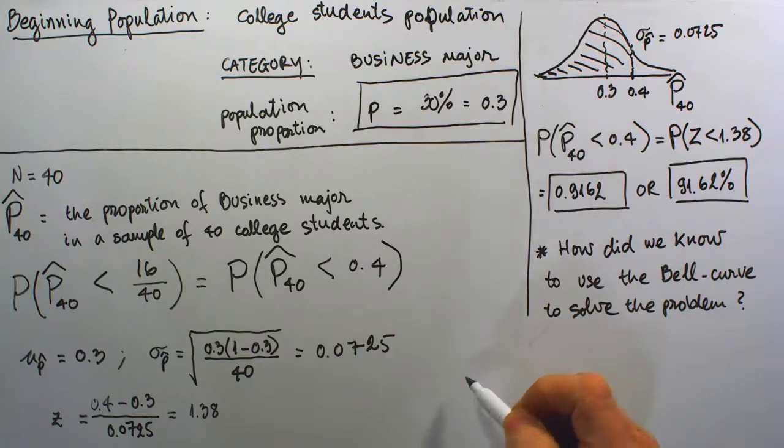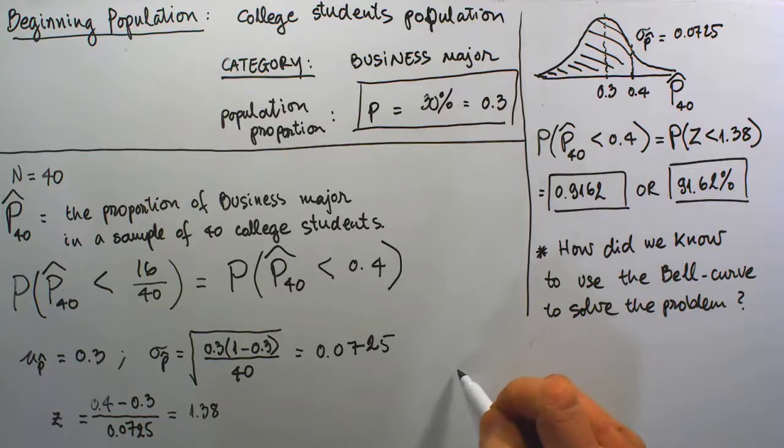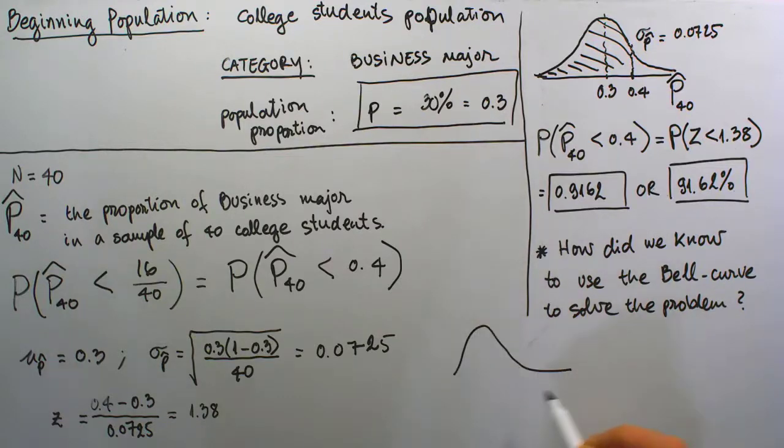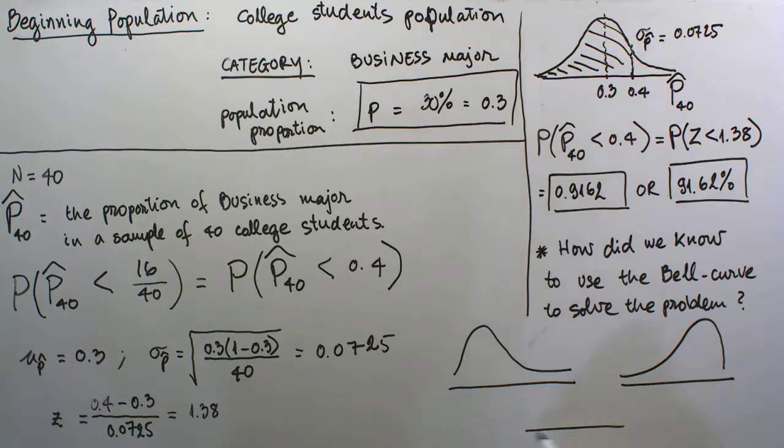But there could still be so many different distribution shapes out there. There could be a skewed right distribution shape. Sometimes our distribution can be a skewed left distribution shape, as already explained in the general lecture about sampling distribution. And furthermore, there could be some symmetric distribution shape, but not necessarily a bell curve.